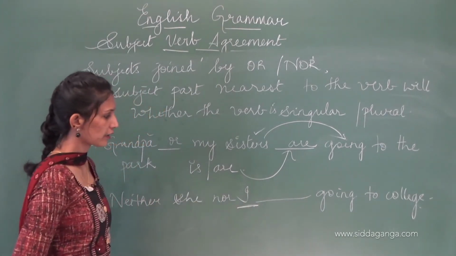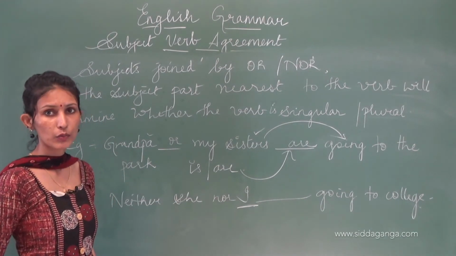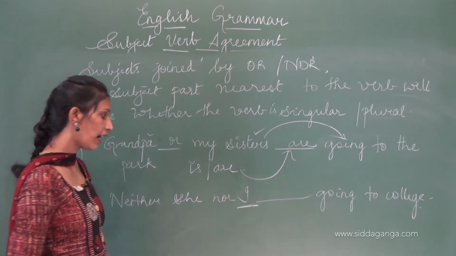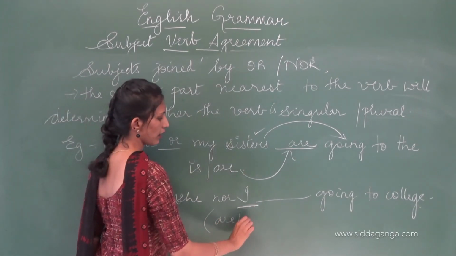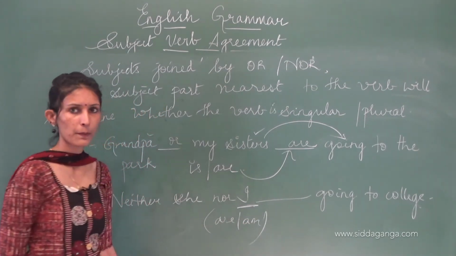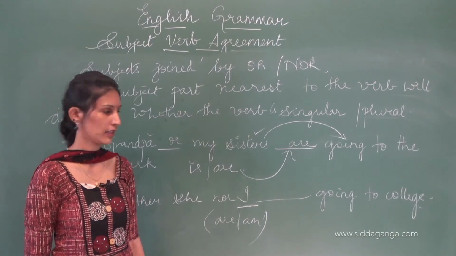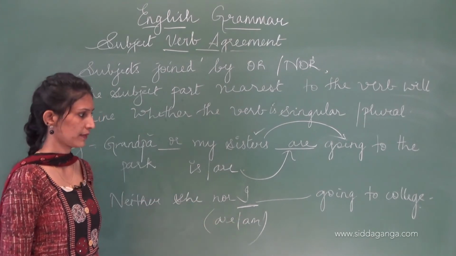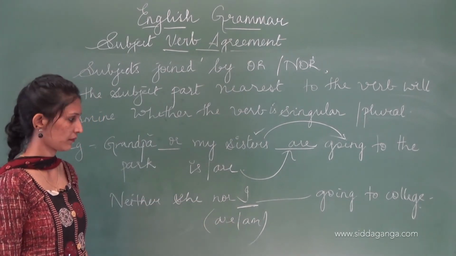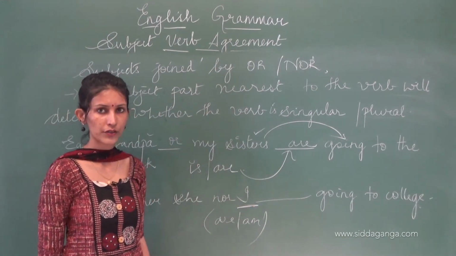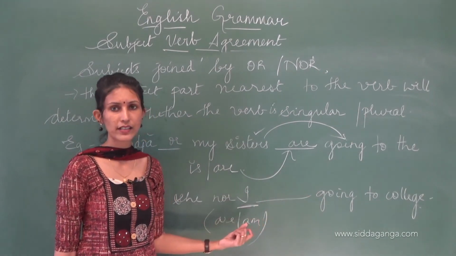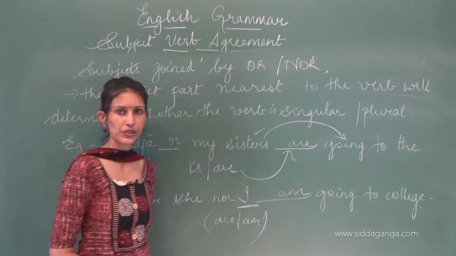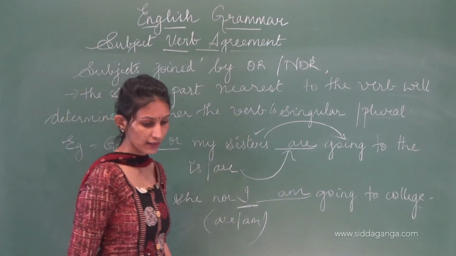Who is the subject that is nearest to the verb? I is nearest to the verb. Neither she nor I. I'll give you the option in brackets, are or am. I is going to decide. She is not going to decide. Neither she nor I, either one of them, dash going to college. So what is closest to the verb will decide whether it is singular or plural. Neither she nor I am going to college. Okay. So this is how it is done.